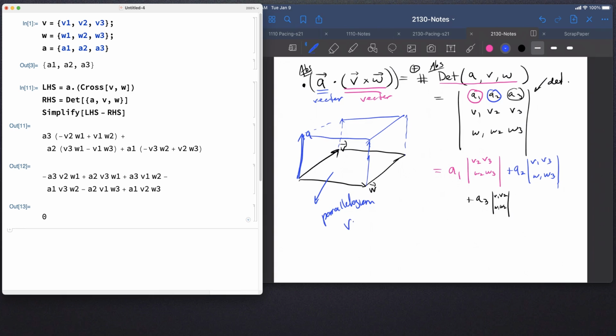And the question is, what is the volume of that box? The volume is given by A dot producted with V cross W, otherwise known as the determinant of the vectors A, V, and W, the determinant of that 3x3 matrix.